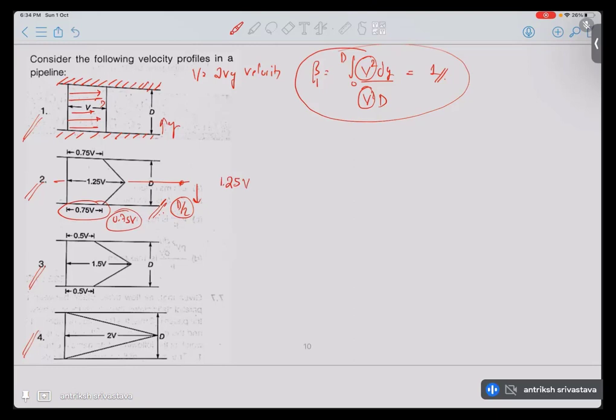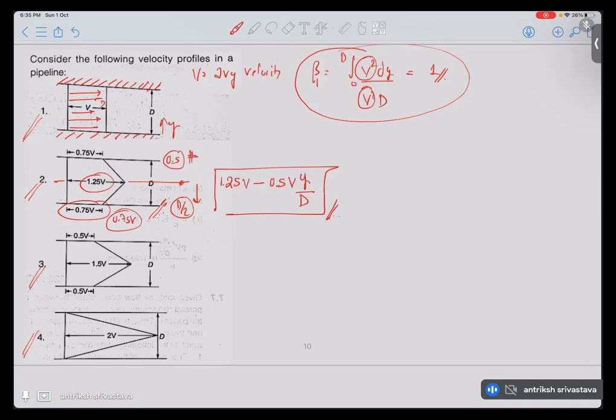The difference between these two is 0.5, and that difference is achieved over d by 2. So we can write this as y by d. Correct? So when y reaches d by 2, we have the velocity as this.